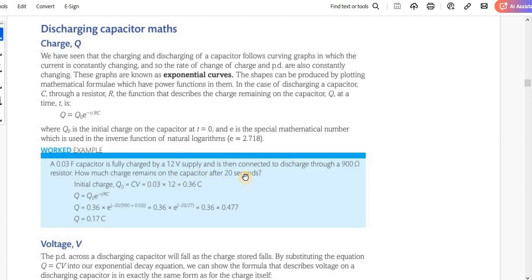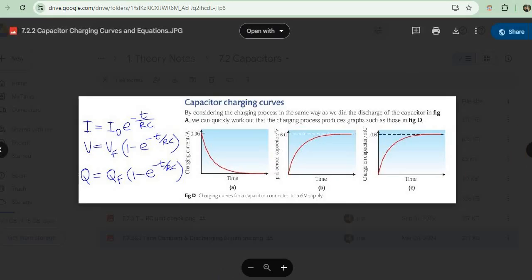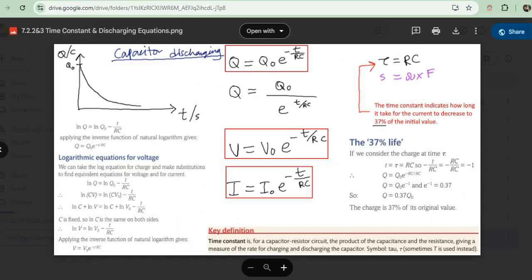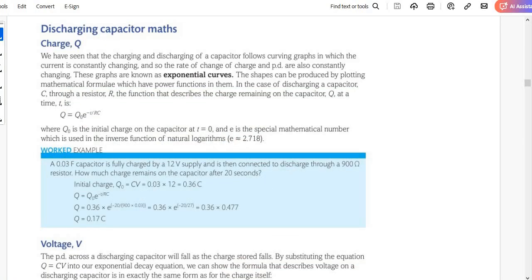So they have given us the time t, they have given us the capacitance, they have given us the V0, the initial charge, and the R, you see. So therefore we are going to use one of these equations which has the relevant quantities.